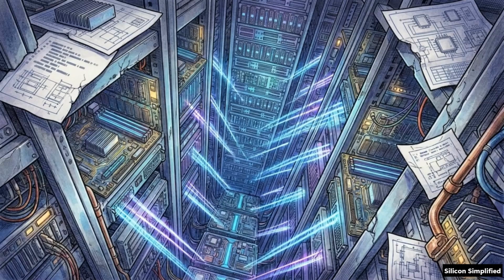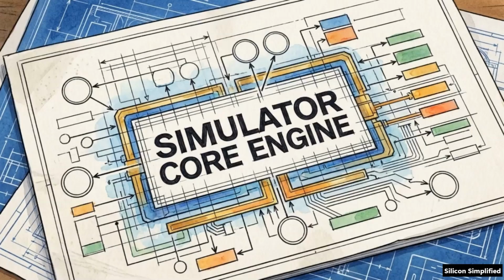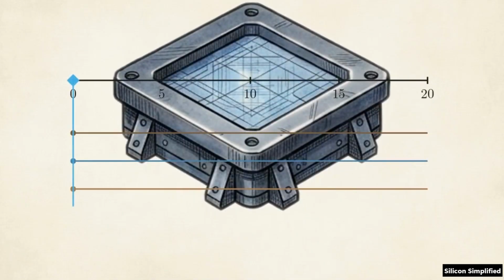To understand how this code actually operates, we have to look at the core architecture of the Verilog simulator itself. The simulator relies on the discrete event execution model. This is an invisible engine that tracks time, schedules upcoming changes, and processes simultaneous hardware signals without forcing them into a single file line.